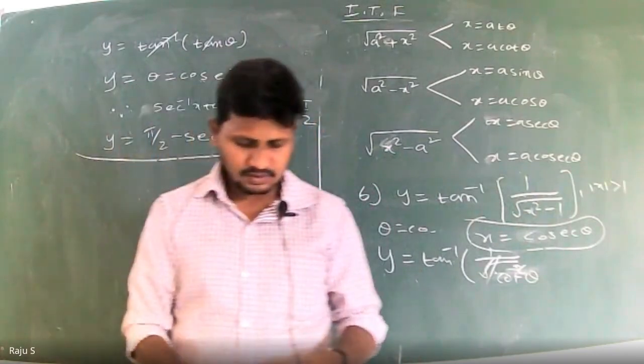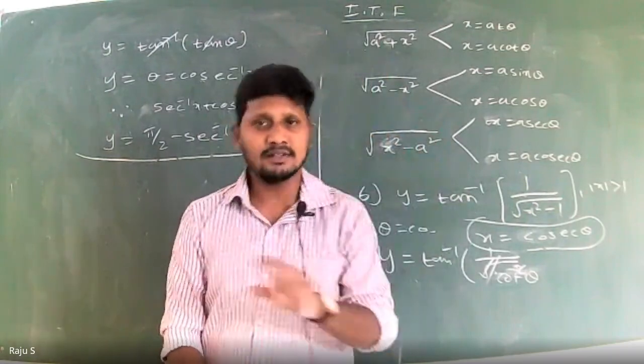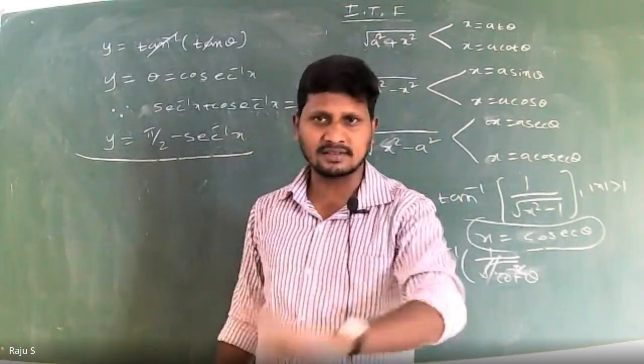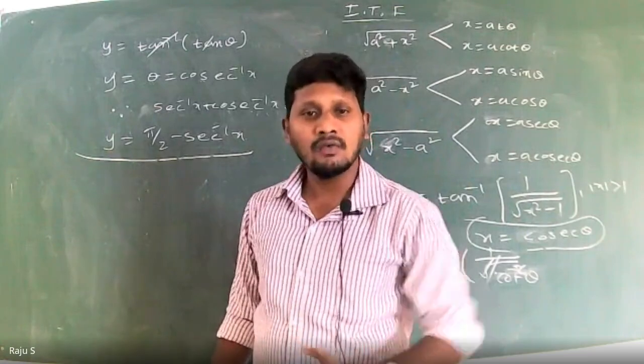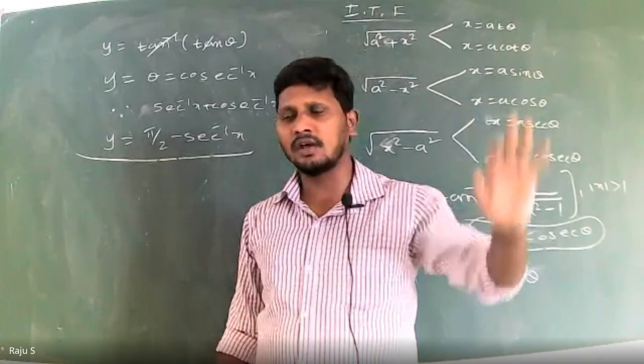Next, question number 7: tan inverse of square root of 1 minus cos x by 1 plus cos x. Actually this second exercise was a deleted portion. Anyhow, we will discuss. I hope the online classes are going on like this.